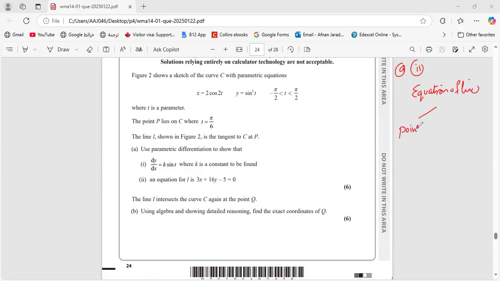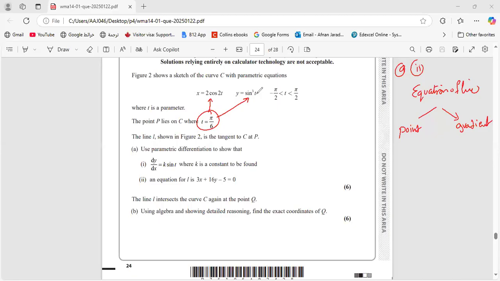You need one point and you need gradient. From where can I find the point and gradient? The point: if you substitute t in this equation, you will find x. And if you substitute t in this equation, you will find y.